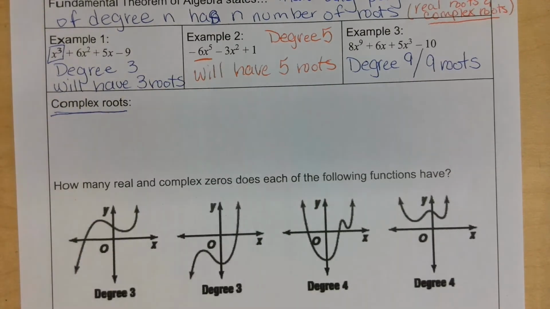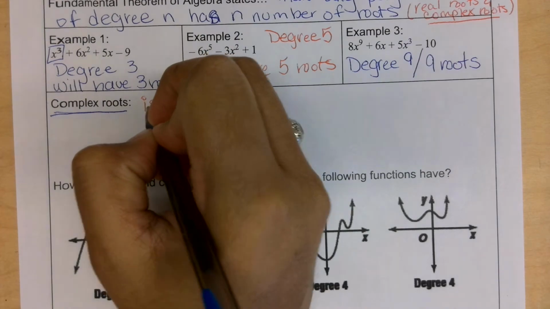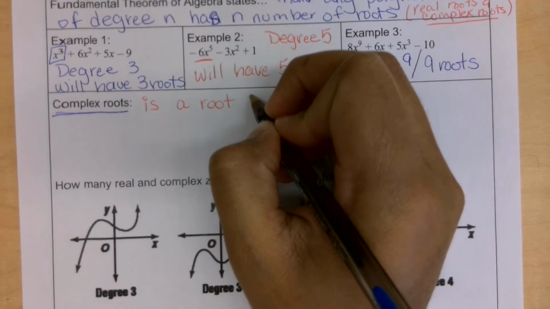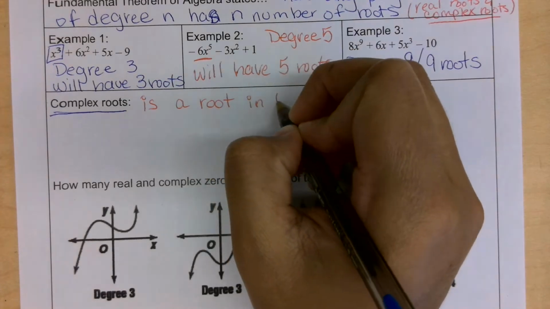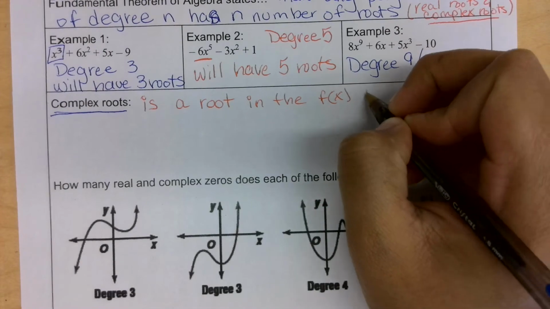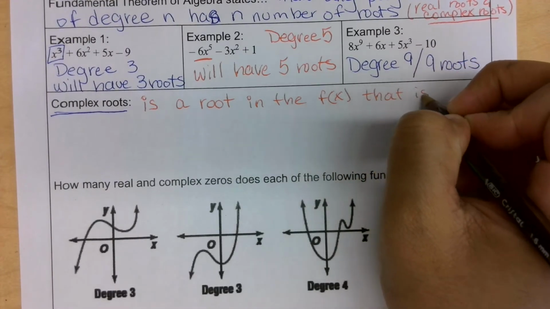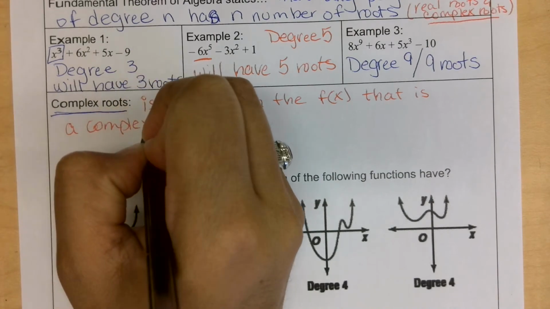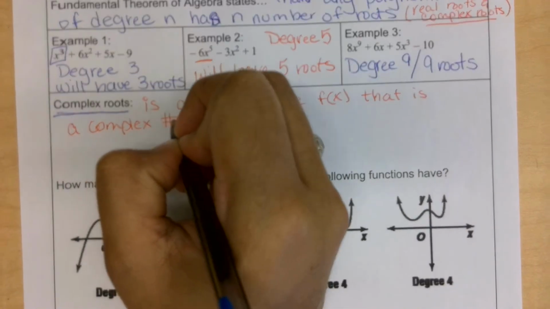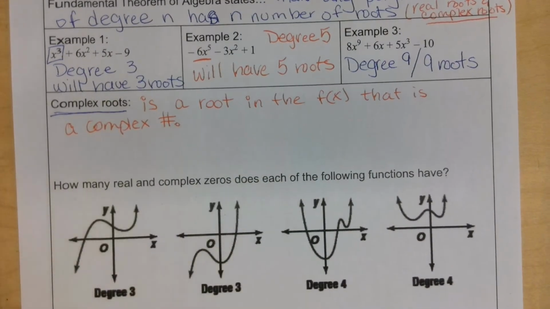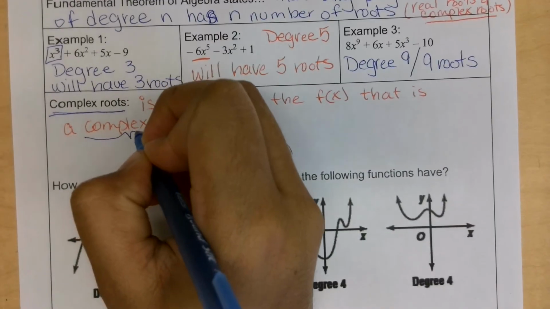What are complex roots? A complex root is a root in the function that is a complex number. All right. So a complex root is a root in the function that has a complex number. And what do we mean by complex number?